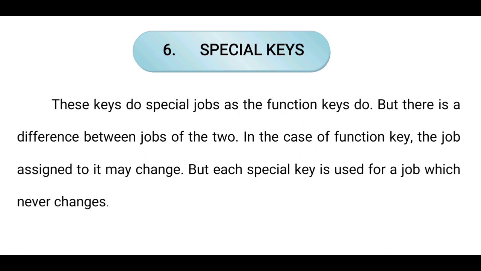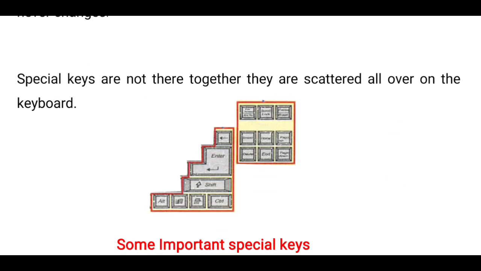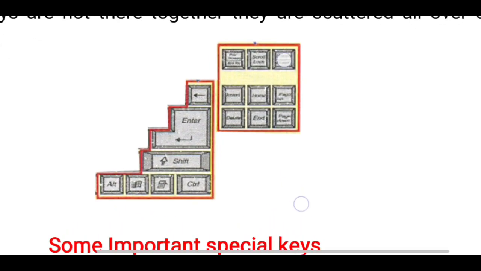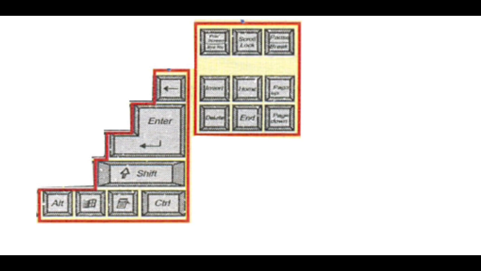In the case of a function key, the job assigned to it may change, but each special key is used for a job which never changes. Special keys are not together, they are scattered all over the keyboard. Don't forget, what do we call those? Special keys. Enter, Shift, Control, Window, Alternative, and so on.